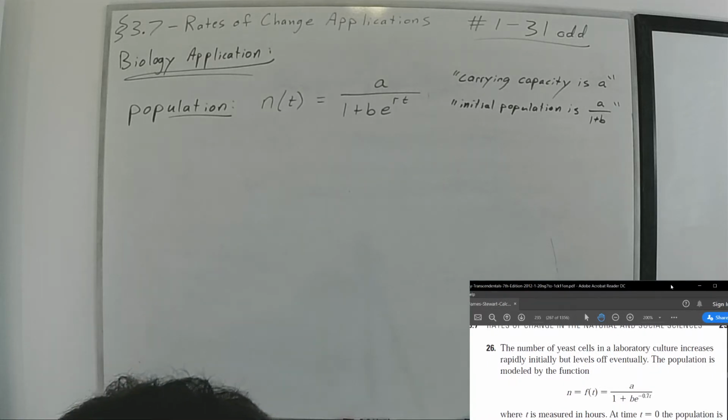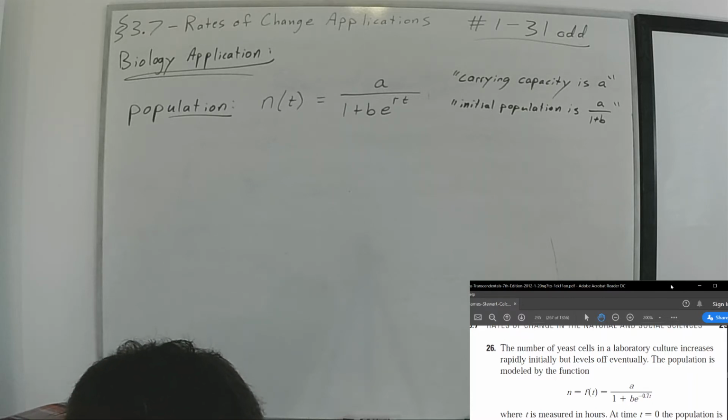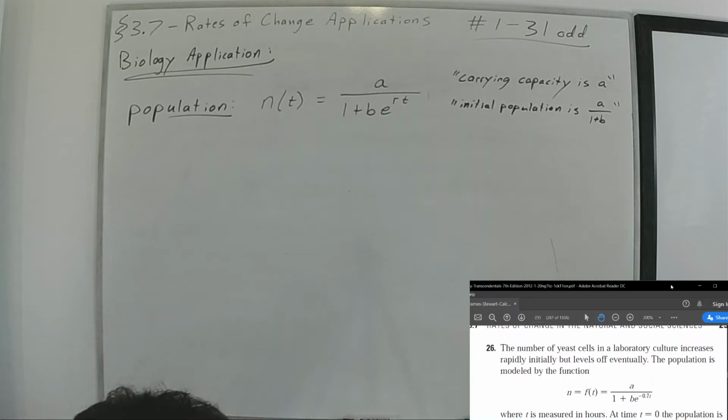It says the number of yeast cells in a laboratory culture increases rapidly initially, but levels off eventually. The population is modeled by the function, they call it f of t equals A over 1 plus B e to the negative 0.7 t, where t is measured in hours. Okay, this one's in hours. That's not too bad.